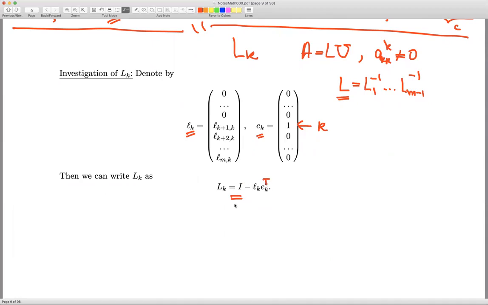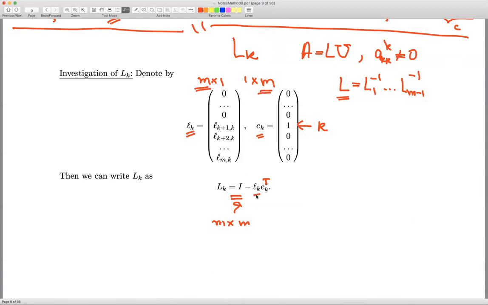I is a matrix of dimensions m times m. lk is a column vector of dimension m times 1. ek transpose is a row vector of dimension 1 times m. And when I multiply those two vectors, I will end up with a matrix of dimension m times m.